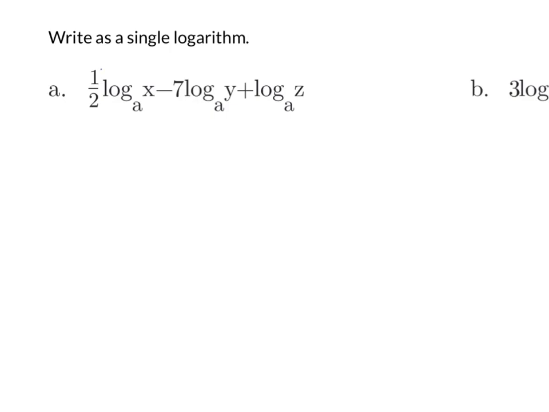So if we do that, we get log base a of x to the 1/2 minus log base a of y to the 7th plus log base a of z.